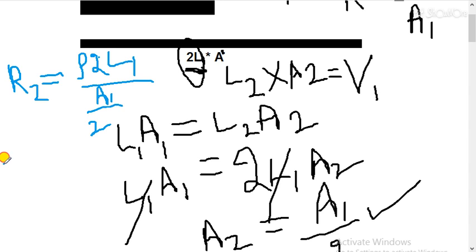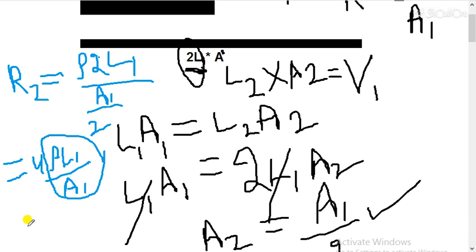So this term will become equal to 4 times rho into L1 by A1. That means it is 4 times the earlier resistance. This is the earlier resistance R1, rho into L1 by A1. So R2 is equal to 4 times R.